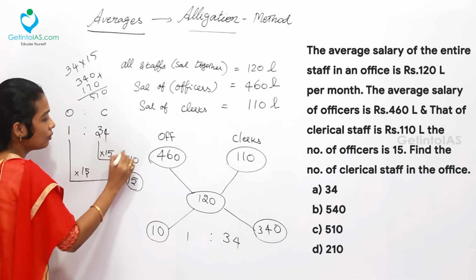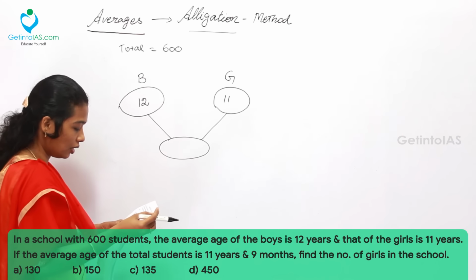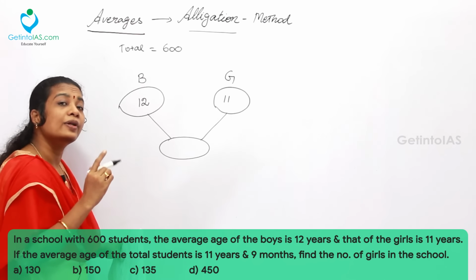The average age of boys is 12 years, and that of girls is 11 years. Both together, the overall average age is 11 years and 9 months.